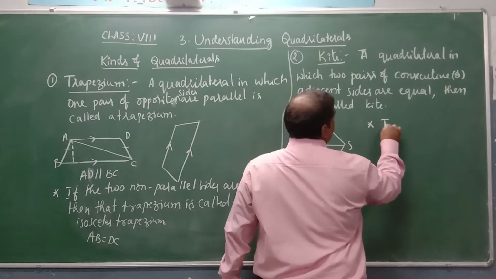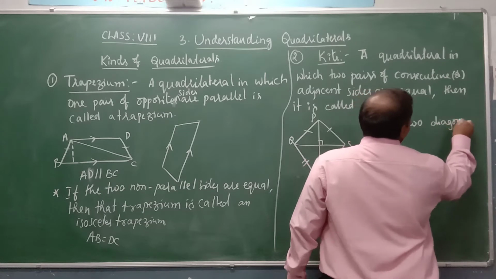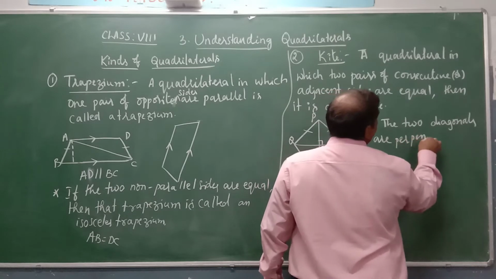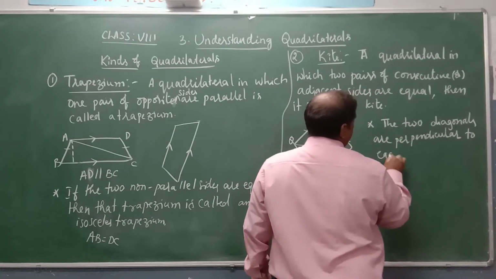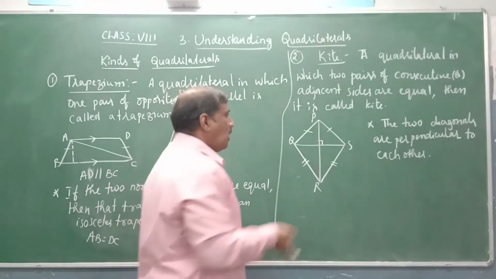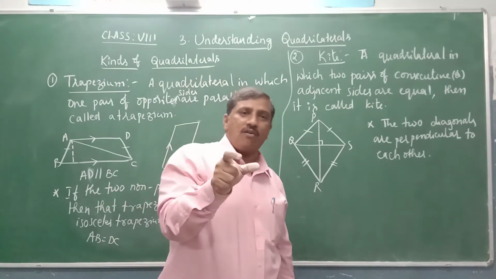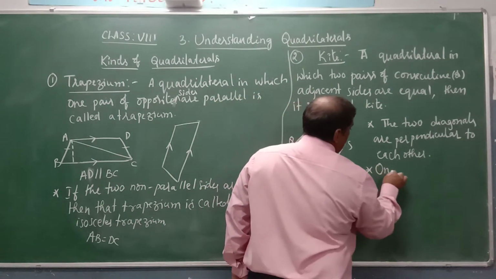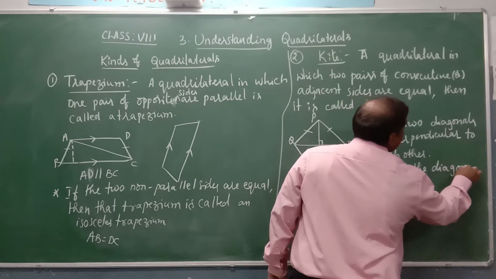The two diagonals are perpendicular to each other. Also, one diagonal will divide the other diagonal equally. That is, one of the diagonals bisects the other diagonal.